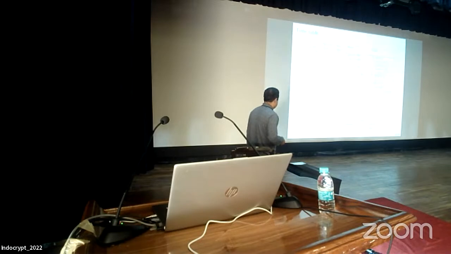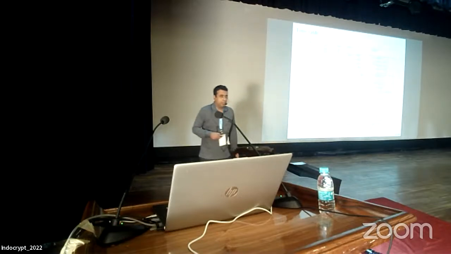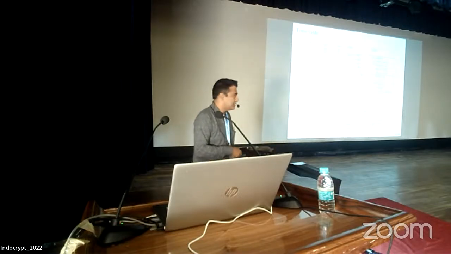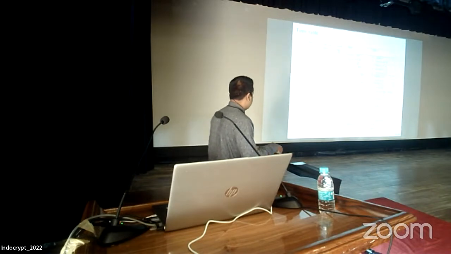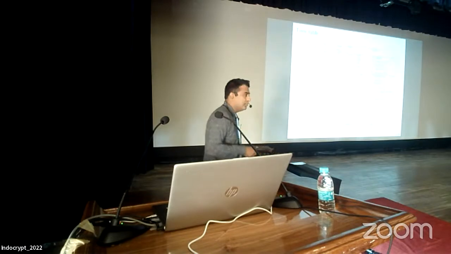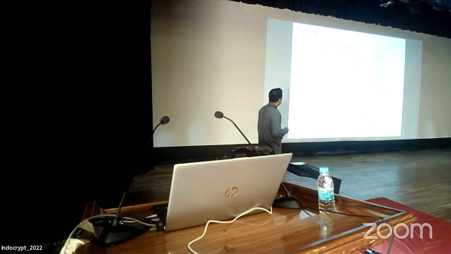This paper, RSA 240, which is a 240-digit number, I think it was published in Crypto 2020. And after that, the same team also factored this number, RSA 250. This is a 250-digit number.